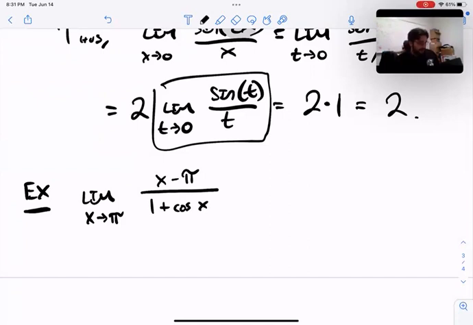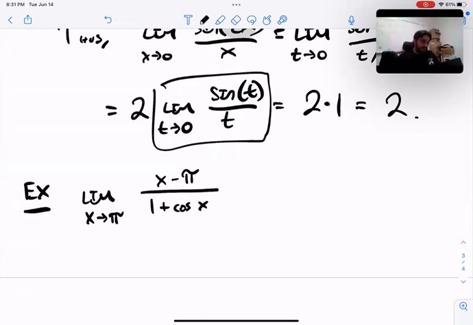So here again, I can't just plug in pi because I just get 0 over 0, right? I can't just number sense my way through it. I can't just talk through it using some kind of, well, as this number approaches this number, the whole quantity will become something, right? Because again, it's 0 over 0. Cosine is -1 at pi, so I just have basically 0 over 0.